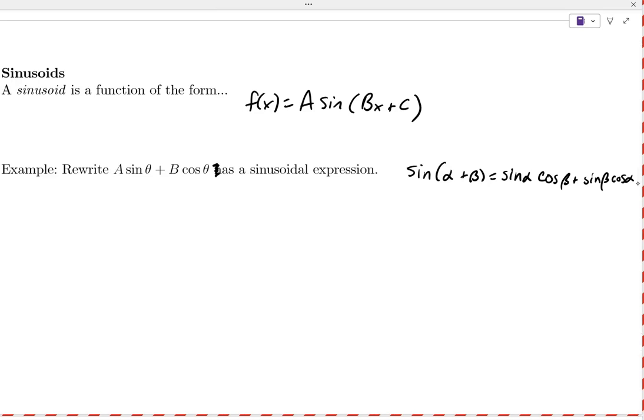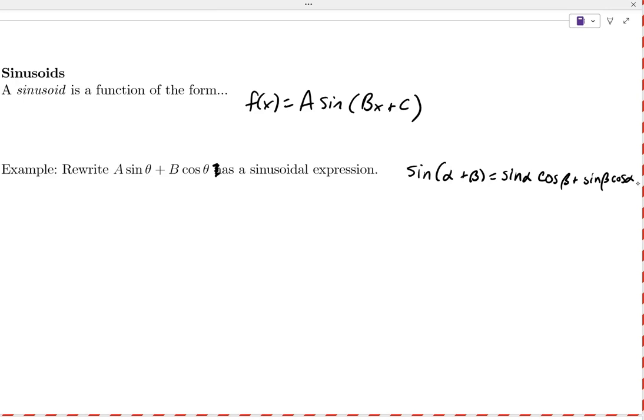Notice that this has a sine of theta in the first term. So I could think of maybe that being my sine of alpha, replacing the alpha with a theta. It has a cosine theta in the second term. So I can put that over here too.